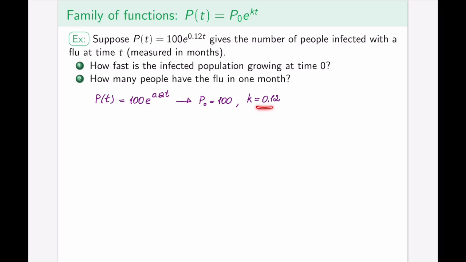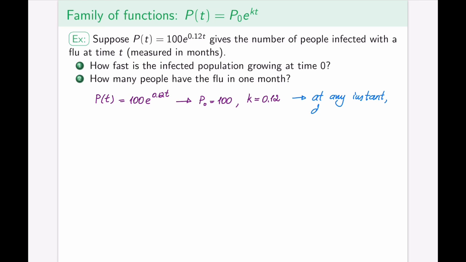Now, this number can be interpreted in yet another way, and that is, we can think of it as a percentage. At any instant, the disease is infecting 12% of the current population. And this is going to raise some important small details in the later analysis. So let's write it down and let it sit with us for a minute.